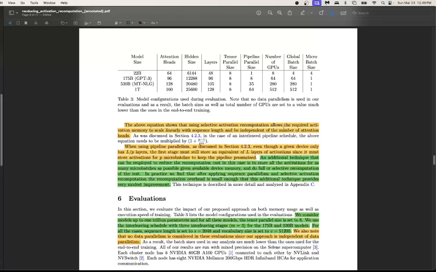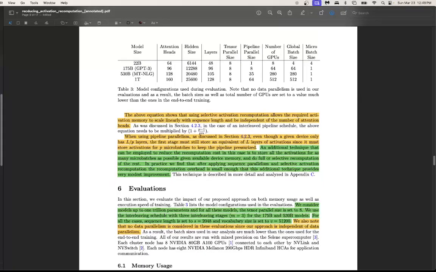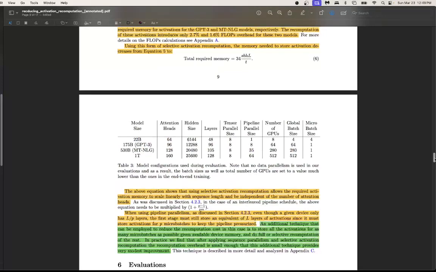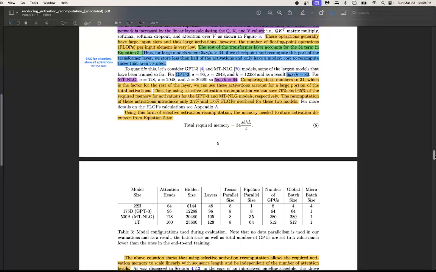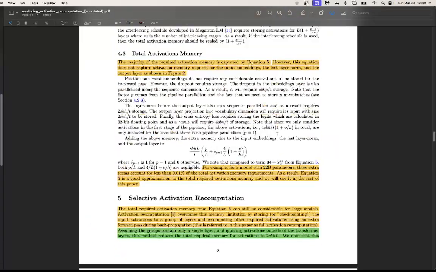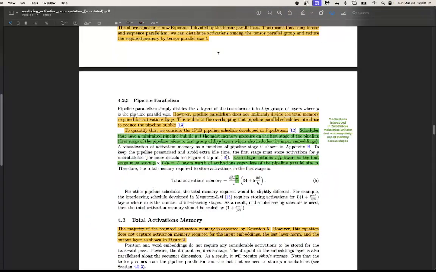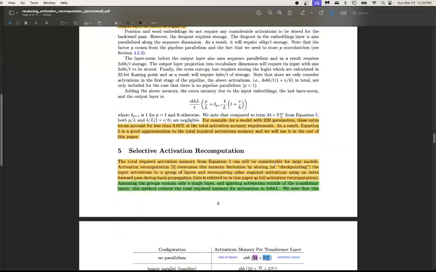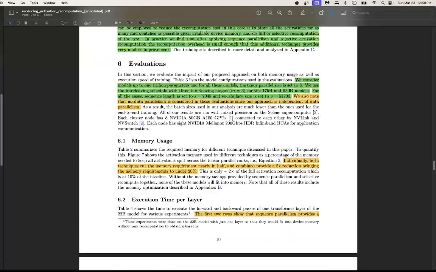This SAC strategy allows the required activation memory to scale linearly with sequence length and be independent of attention heads. This used to not be the case, right? I believe it scaled quadratically with sequence length because here there's only one S, but previously, there's an S in the outer term here, and then there's an S in the inner term here. So it's S squared, which is famously why attention is so memory hungry, right? S squared scales quadratically with sequence length.